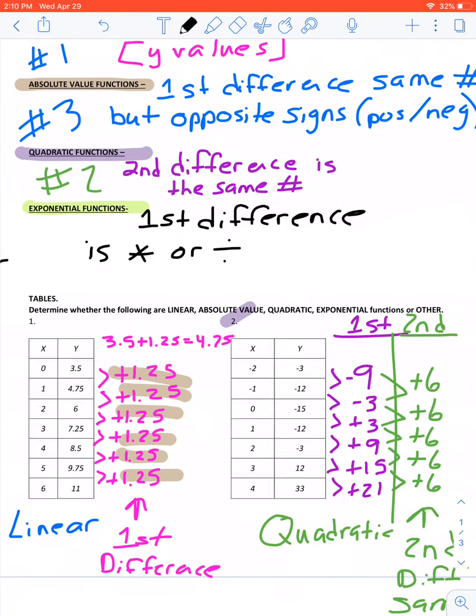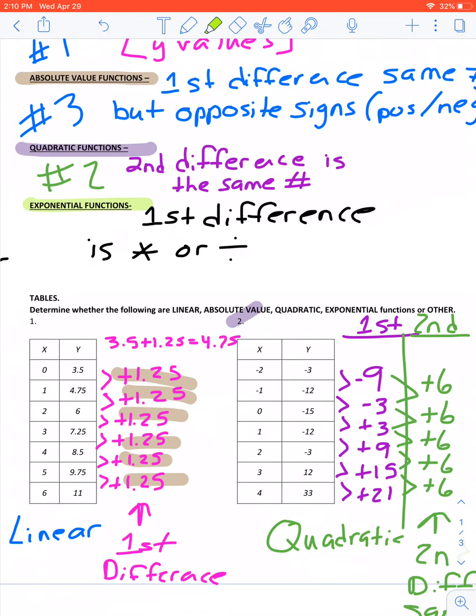For instance, if I look down here on number 1, instead of plus 1.25, plus 1.25, if it was times 1.25, times 1.25, times 1.25, then that would be exponential. So an exponential is when the first difference is multiplied or divided by the same number.